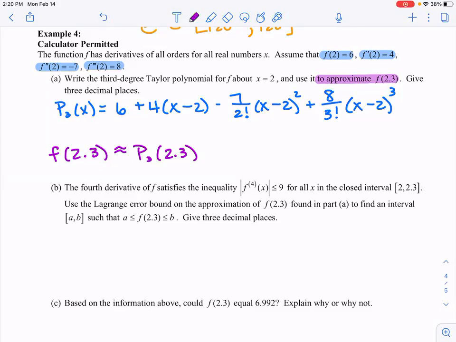The further away you go, the less likely you are to be accurate. So we have 6 plus 4 times 0.3 minus 7/2 times 0.3 squared plus 4/3 times 0.3 cubed. What is that number?